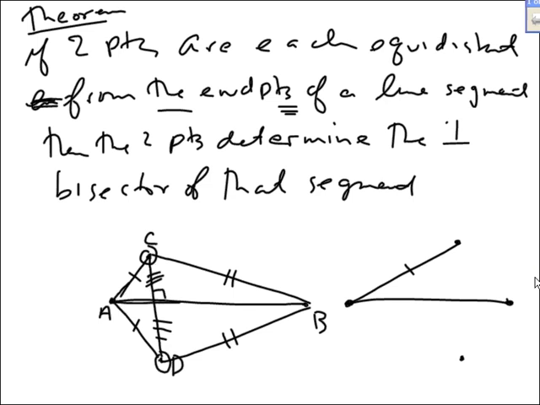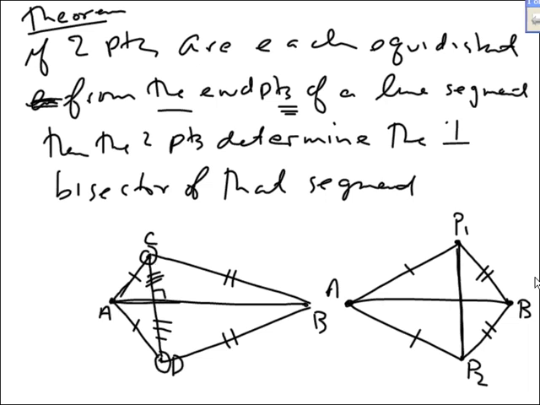That is, this distance and that distance are equal, and also the other endpoint from these 2 points, P1 and P2, that are the same distance to B. If that's true, let's call this A. If that's true, if you were to connect P1 and P2, you would discover that P1E and P2E are the same lengths, and it's perpendicular.